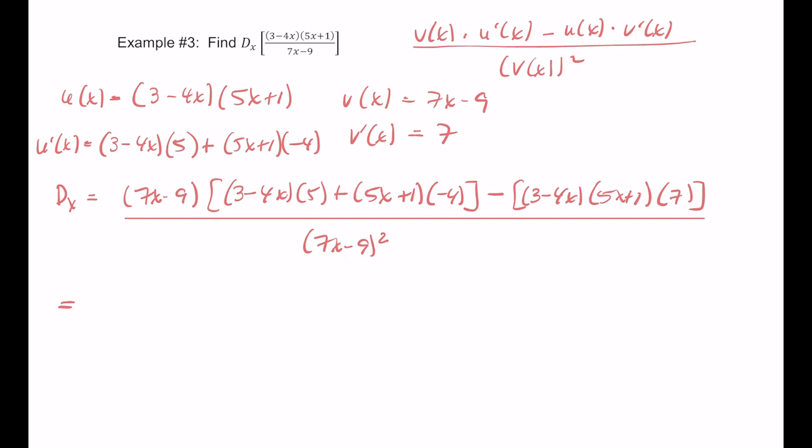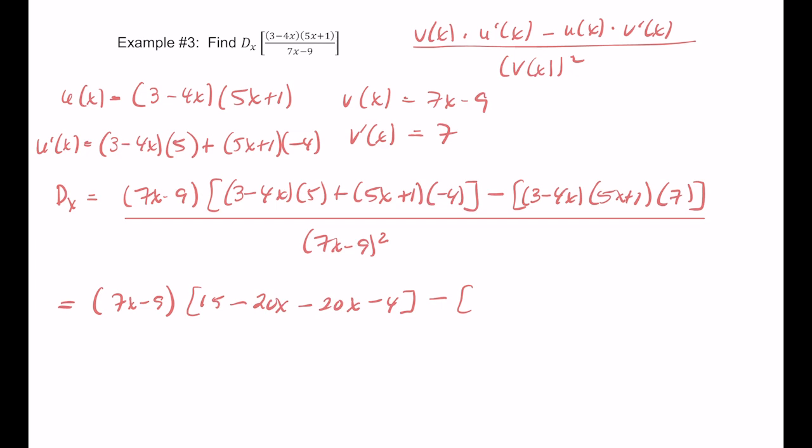Okay, and then I have to go through and expand some things. So I have 7x minus 9 times, I'm going to distribute and then combine like terms. So I would get 15 minus 20x, and then it's minus 20x minus 4.